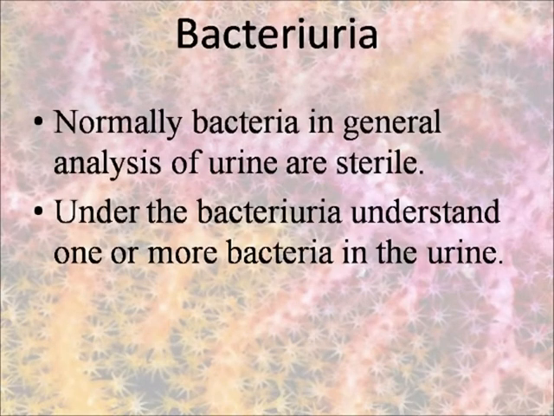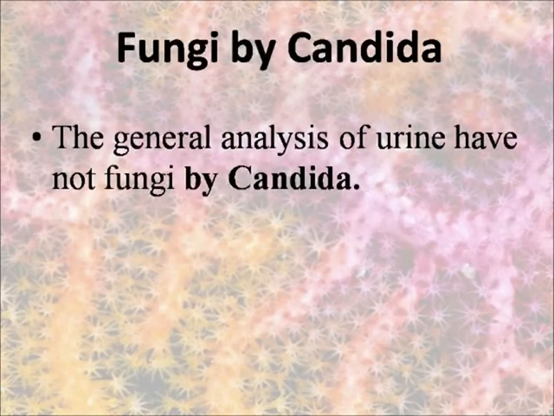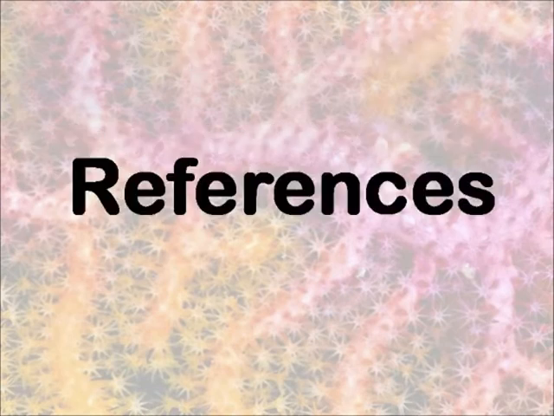Bacteriuria. Normally, urine in a general analysis is sterile. Bacteriuria means one or more bacteria in the urine. Fungi of Candida. The general analysis of urine has no fungi of Candida.